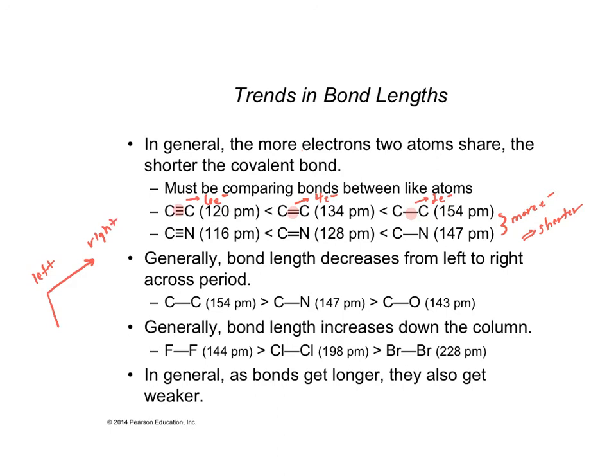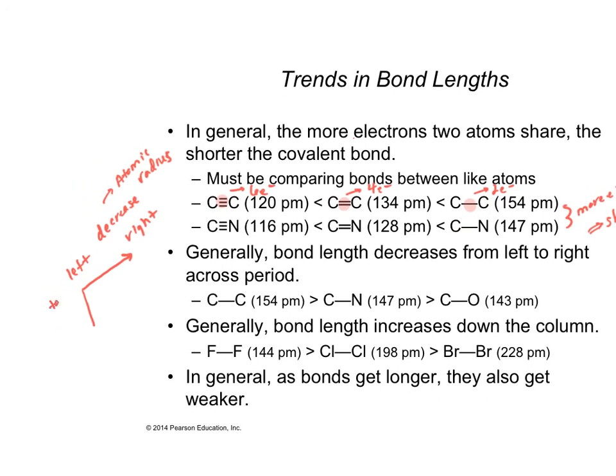Do they increase or decrease? As we move from left to right across a period, we see a decrease in atomic radius. Again, this is just a measure of the overall size of atoms. What about as we go from top to bottom of the periodic table? We see an increase. So we're going to see very similar trends with respect to bond lengths.